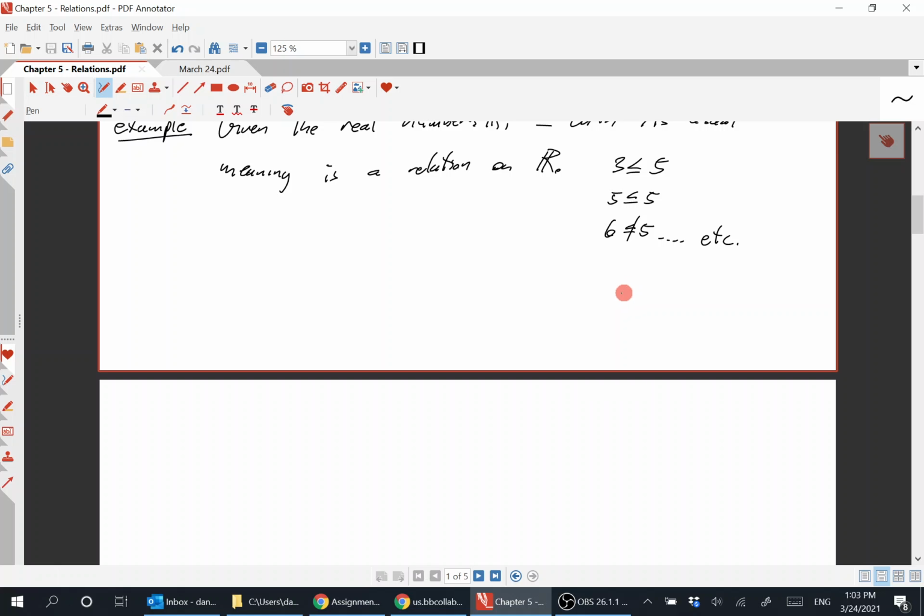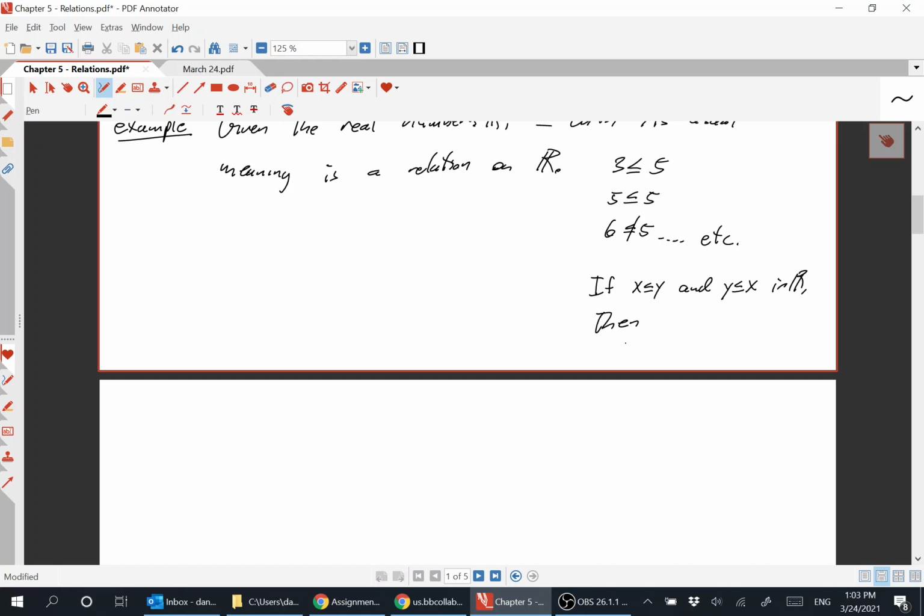By the way, also, if x is less than or equal to y, and y is less than or equal to x in R, then what? For that standard relation of less than or equal to in R, what must actually be the case?